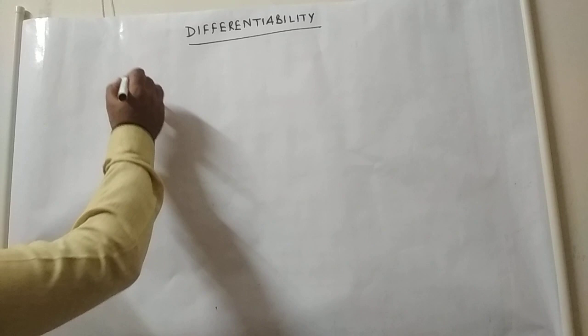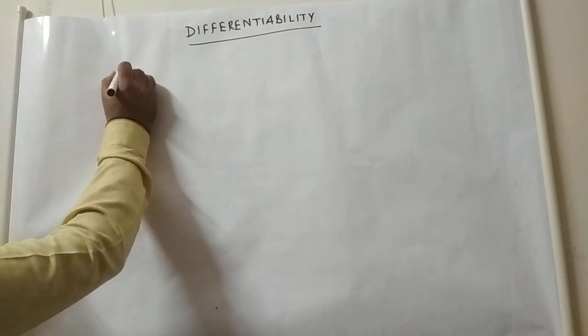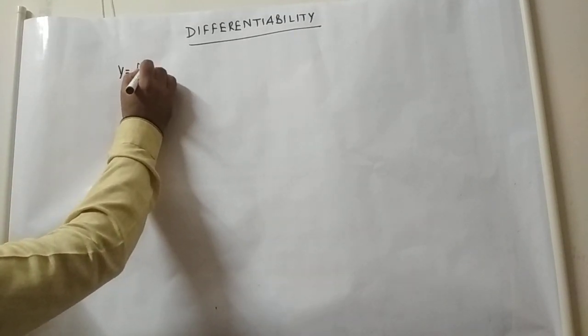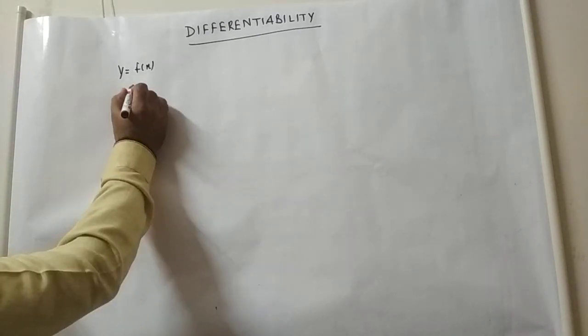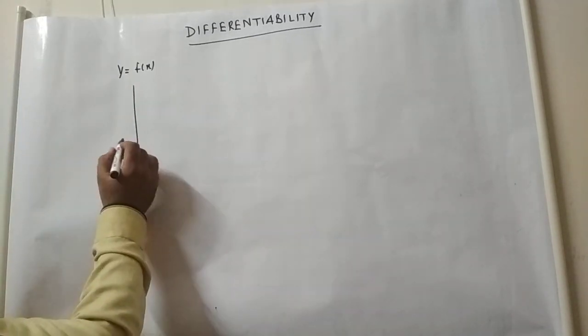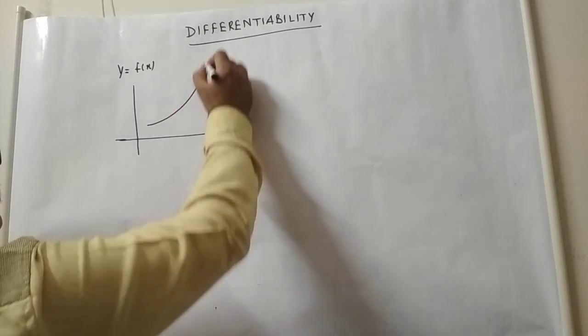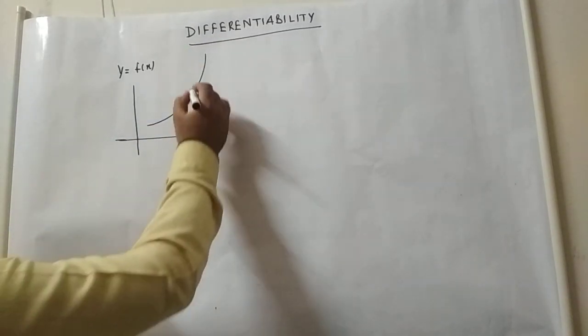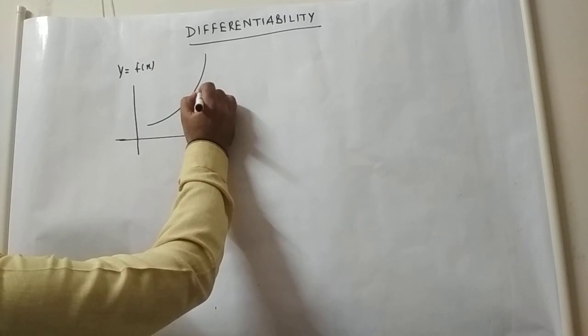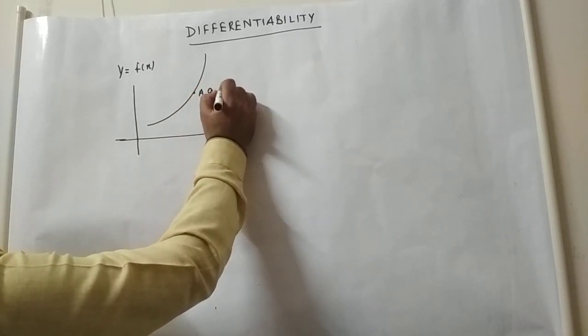See, let us consider a function y is equal to f(x), and let the graph of this function be like this. Consider a point (a, f(a)).